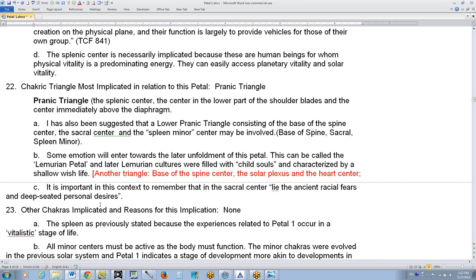It's important to remember in this context that in the sacral center, quote-unquote, lie the ancient racial fears and deep-seated personal desires. So the solar plexus is not the only place where there is desire.